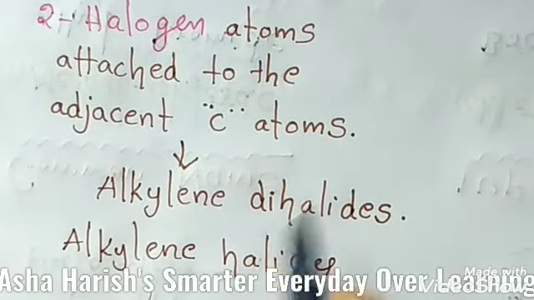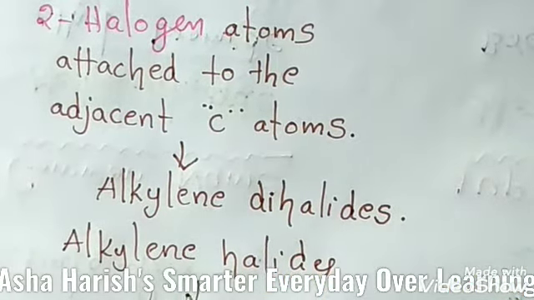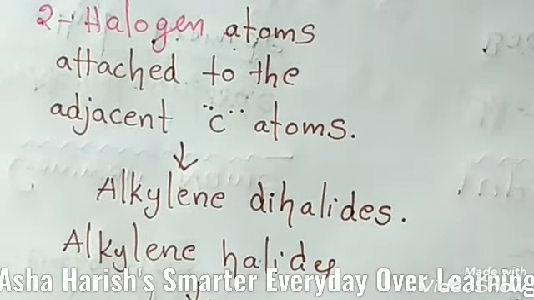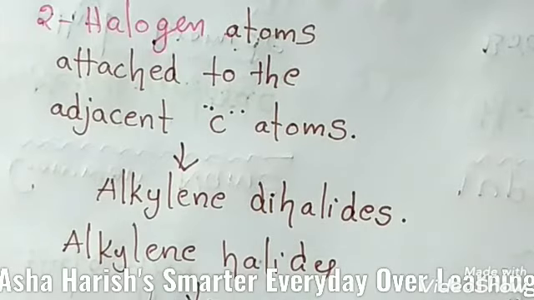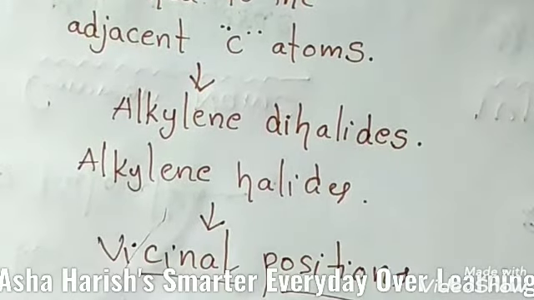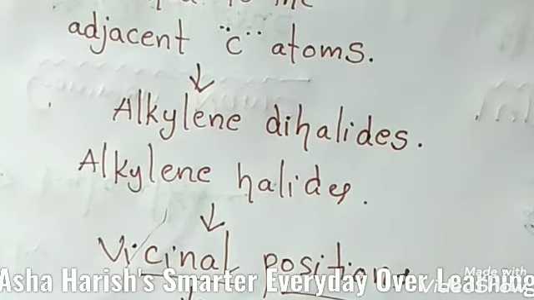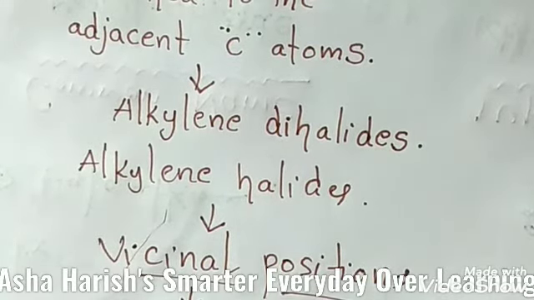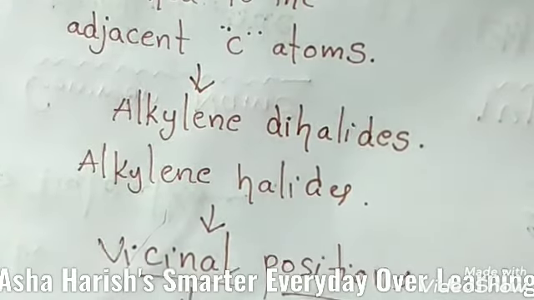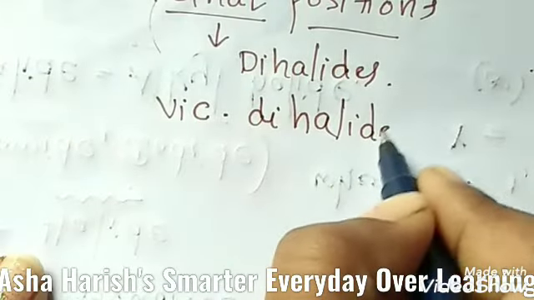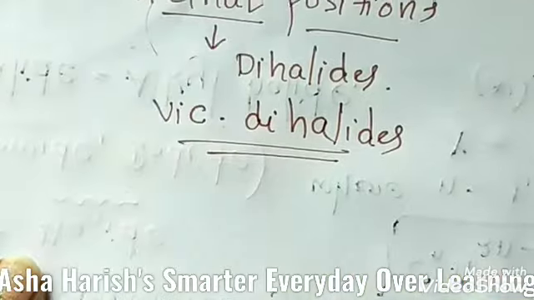Further, the positions on adjacent carbon atoms are called, here students, again a new name, vicinal positions. Therefore, these alkylene dihalides are also called vicinal dihalides, and simply we can call them vic dihalides.